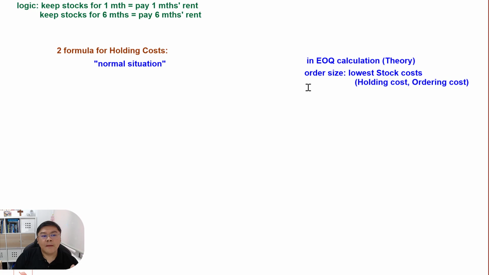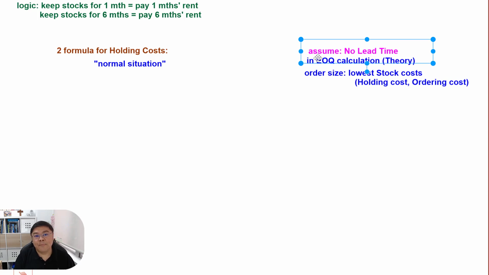Okay, now because we're trying to come up with that equation, we need some kind of assumptions to make the formula not overly complicated. And the assumption that we always hold in EOQ is that there will be no lead time, which in real life is not true.